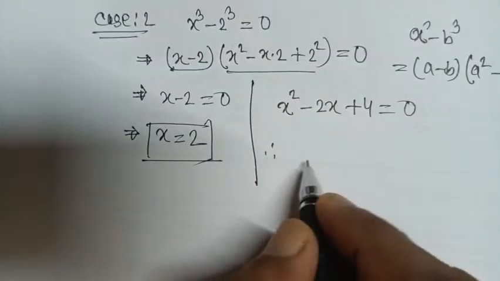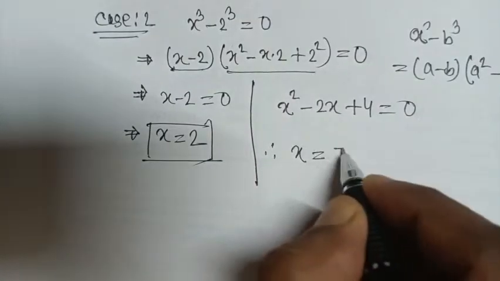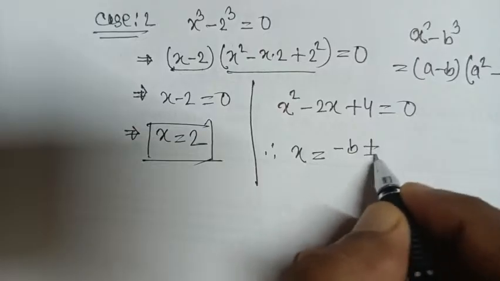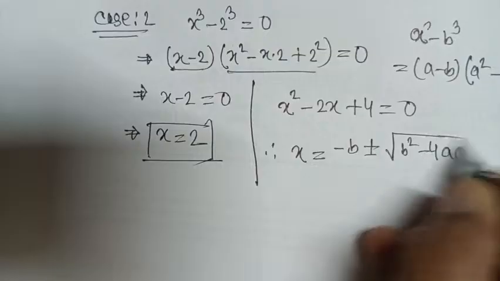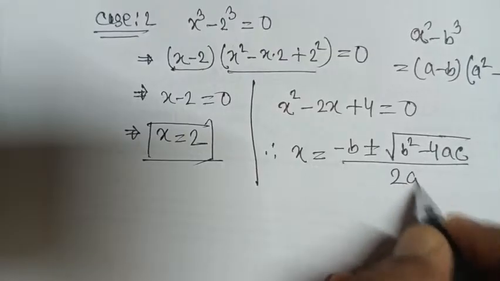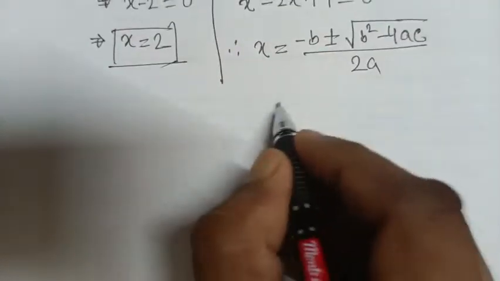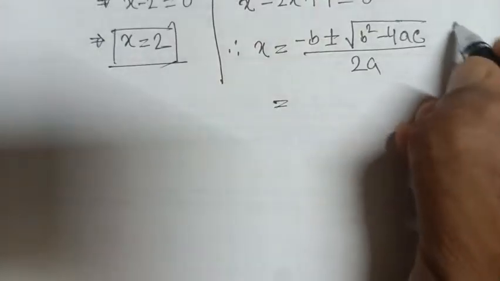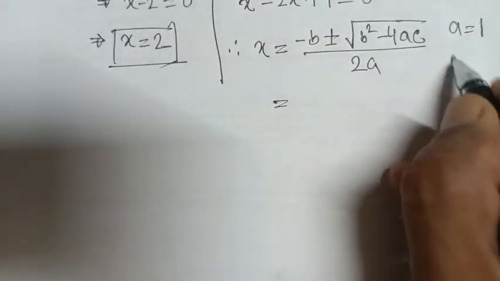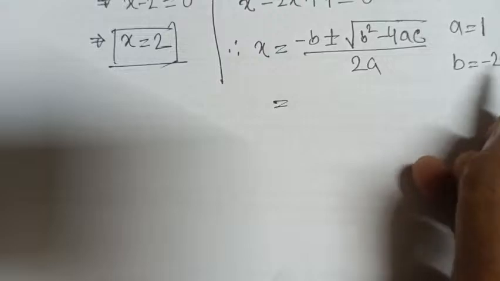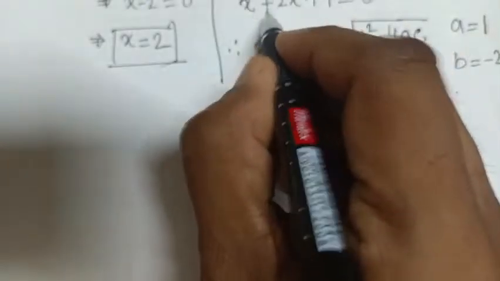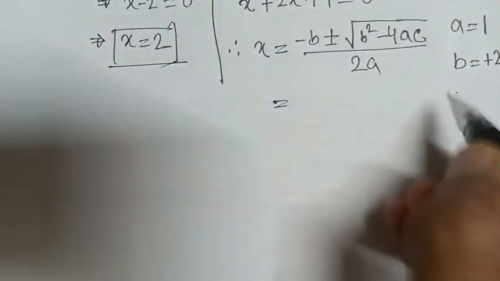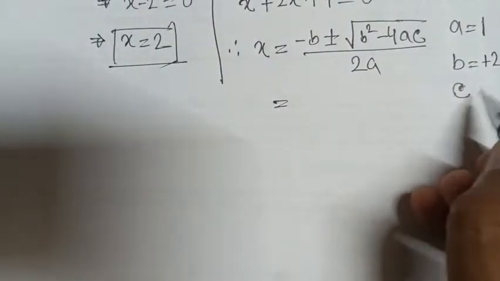So therefore x will be minus b plus minus root over of b square minus 4ac by 2a. If we put the values here, we get a equals 1, b equals, sorry, this will be plus 2, here plus 2, and c equals 4.